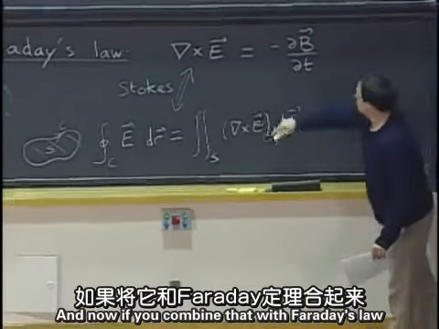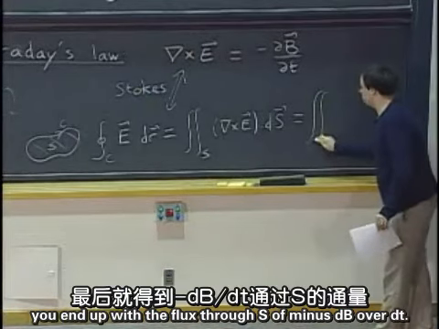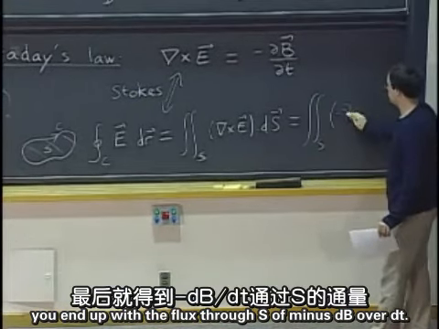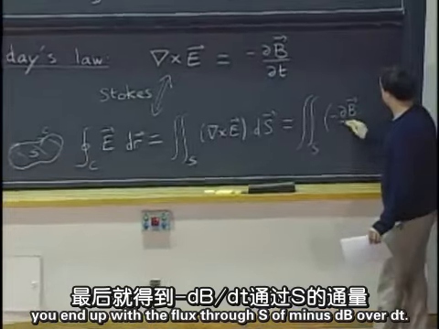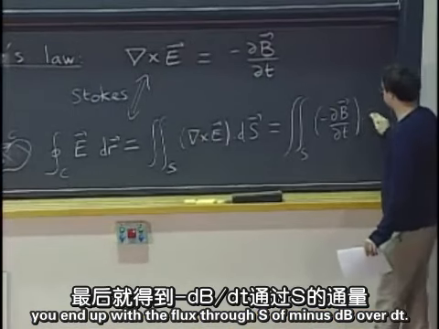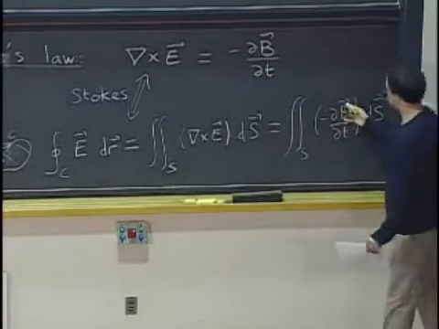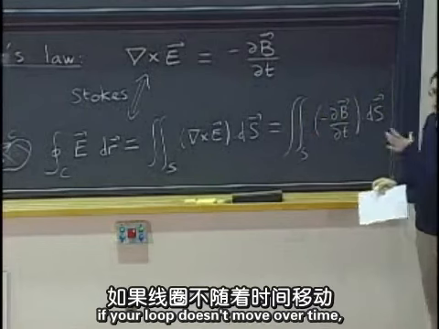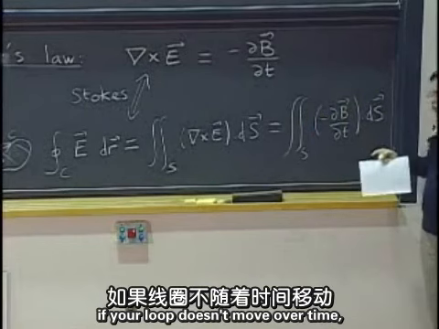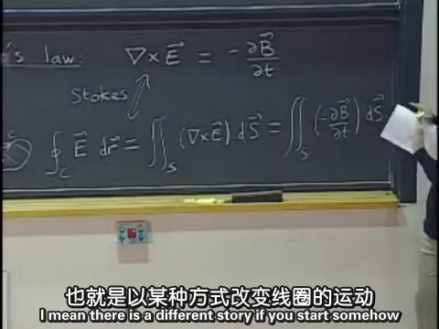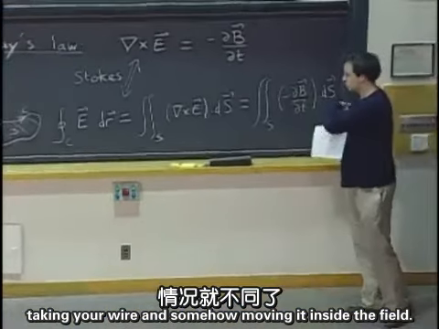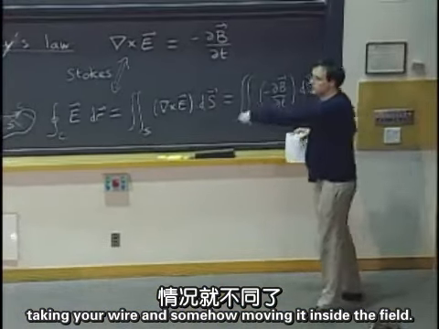And now if you combine with Faraday's law, you end up with the flux through S of minus dB/dt. And of course, you could take, if your loop doesn't move over time. I mean, actually, there's a different story if you start somehow taking your wire and moving it inside the field.